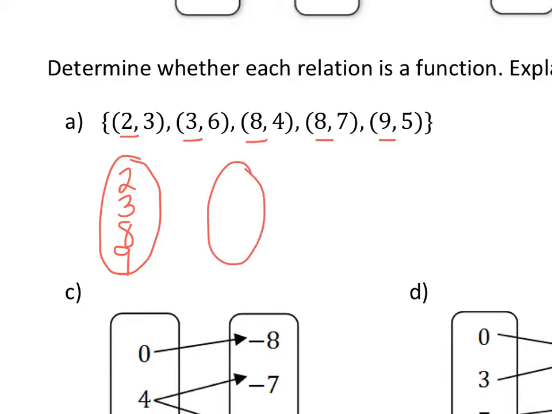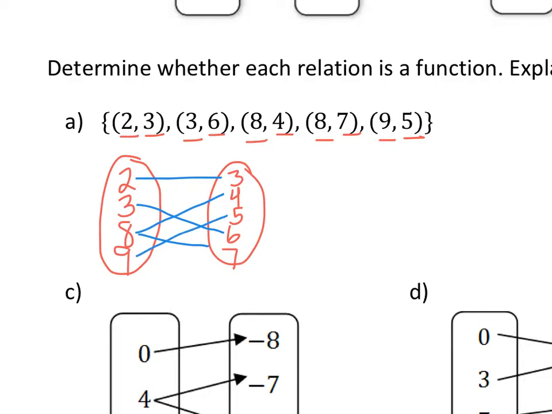Our range, 3, 6, 4, 7, 5. In numerical order, we have 3, 4, 5, 6, and 7. If we were to match our domain and range here, 2 maps to 3, 3 maps to 6, 8 maps to 4, 8 maps to 7, and 9 maps to 5.